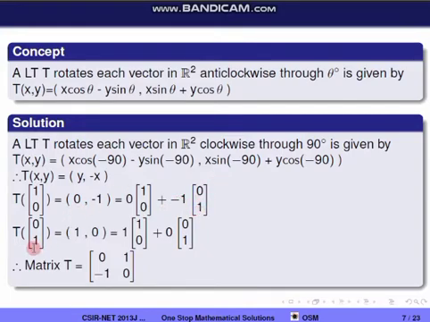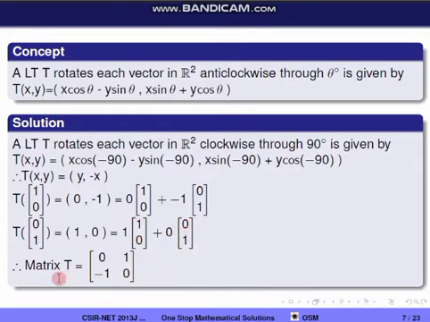Similarly, take the value of (0, 1) under this transformation. That is, T of (0, 1) is equal to, using this equation, (1, 0). Write this vector as a linear combination of the standard basis given. So this is equal to 1 into (1, 0) plus 0 into (0, 1).